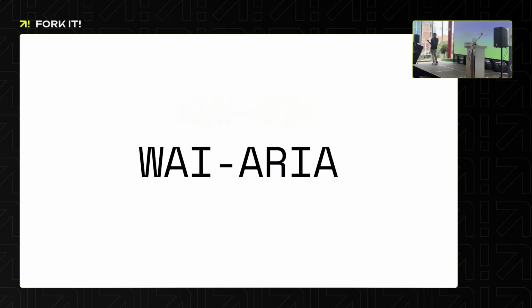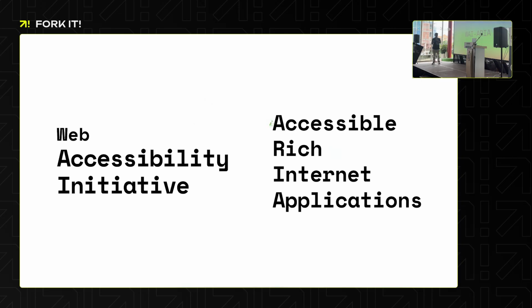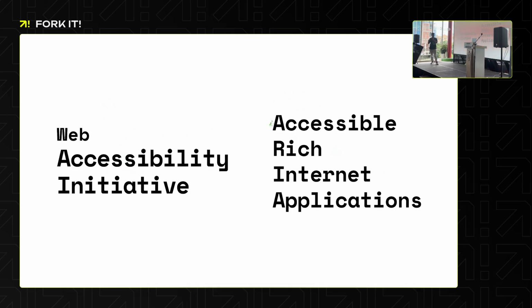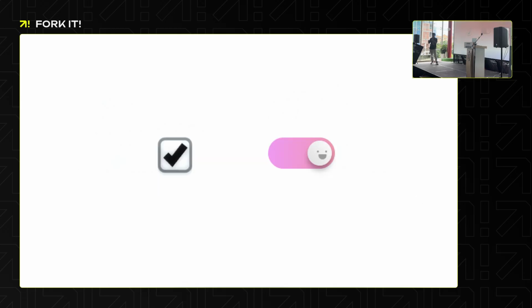Another approach is if you are building your custom components. For example, you have something like a toggle or checkbox. There's no native element or pure HTML element to do that, right? We can leverage ARIA to customize your component to be more native.